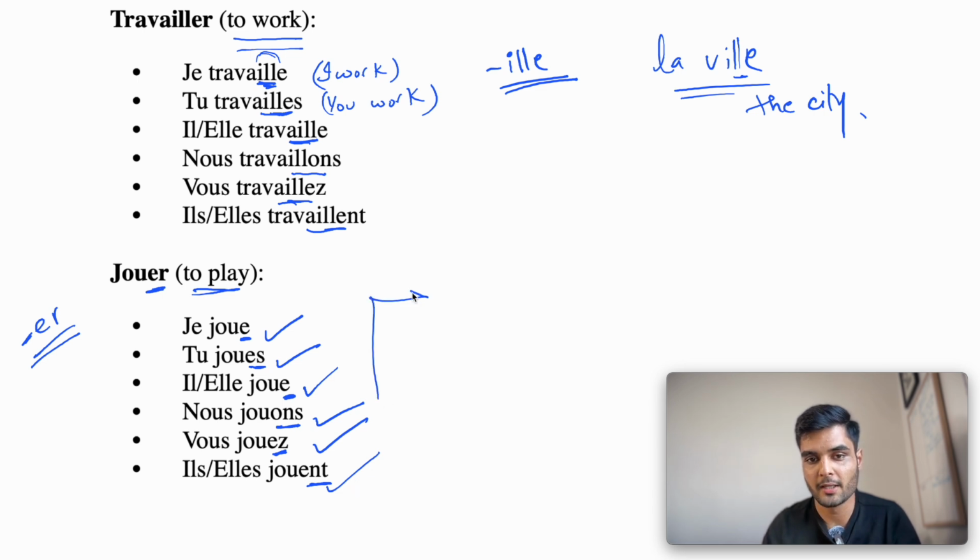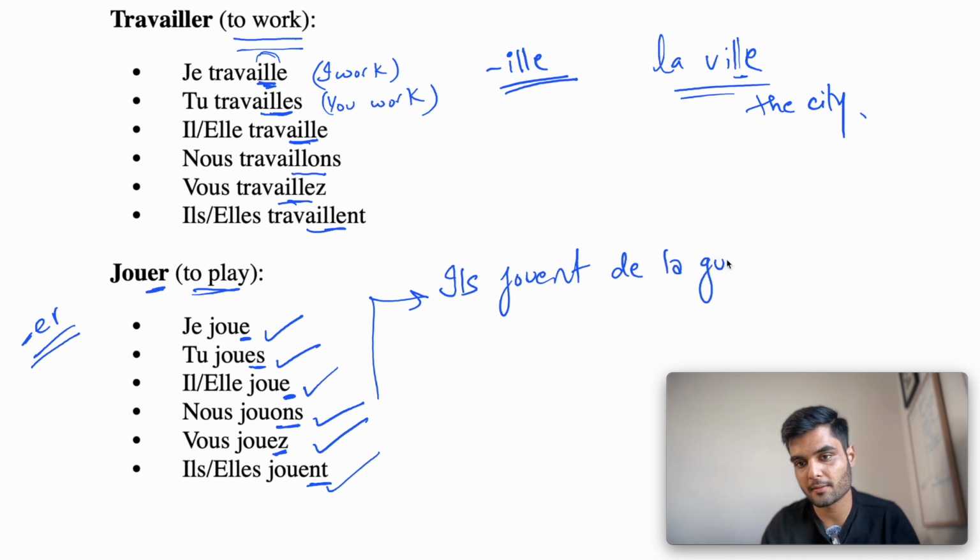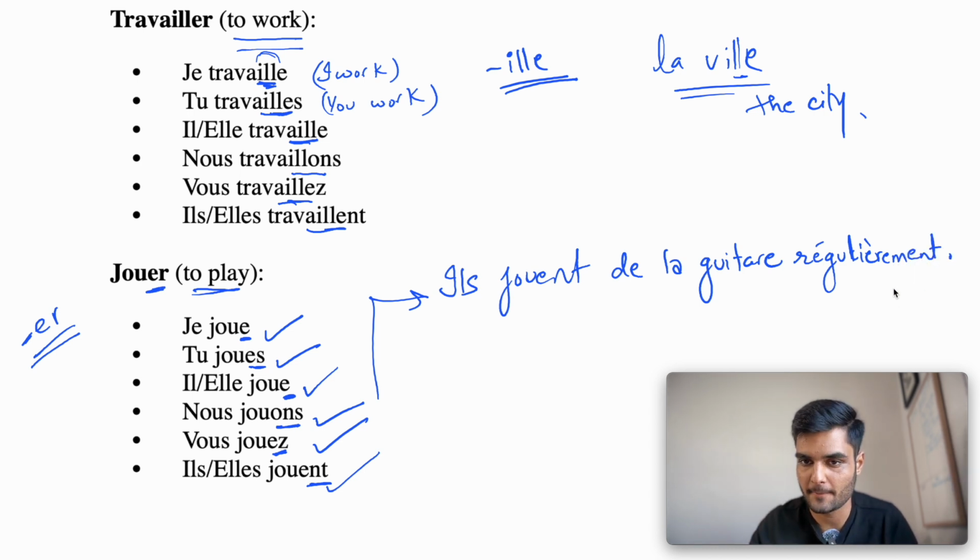If I want to say they play guitar regularly. Ils jouent de la guitare. Regularly is régulièrement. Régulièrement, which is regularly. Okay, so this is going to be our verb jouer.